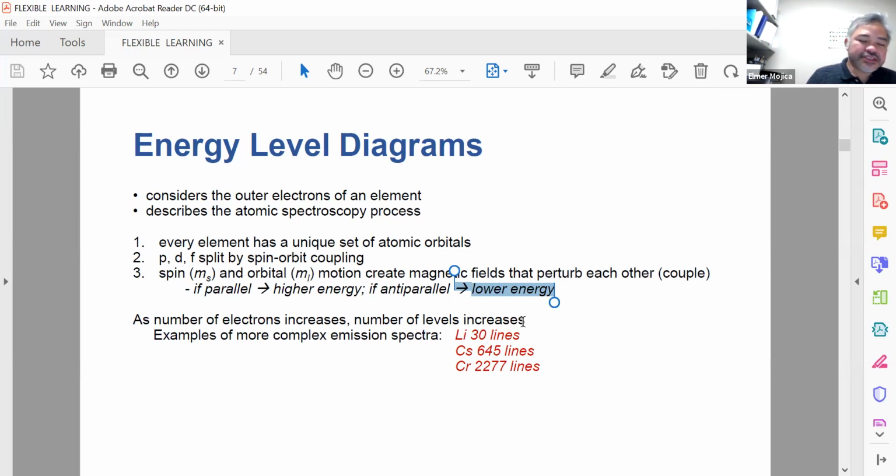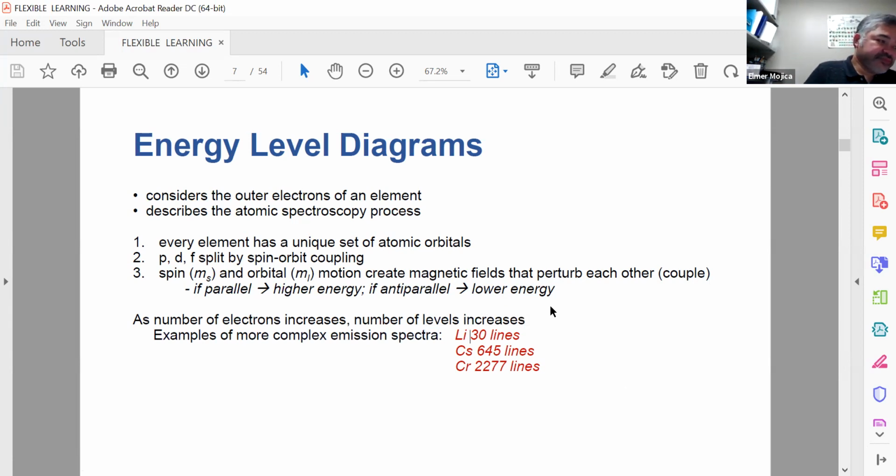As the number of electrons increases, the number of levels also increases. Some examples of more complex emission spectra: lithium has 30 lines, cesium has 645 lines, and chromium has 227 lines.